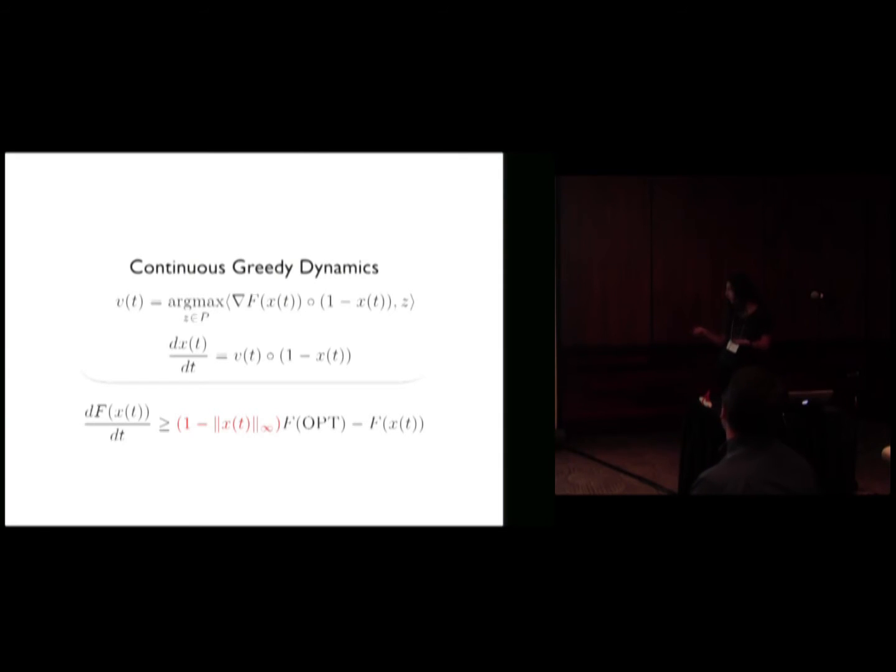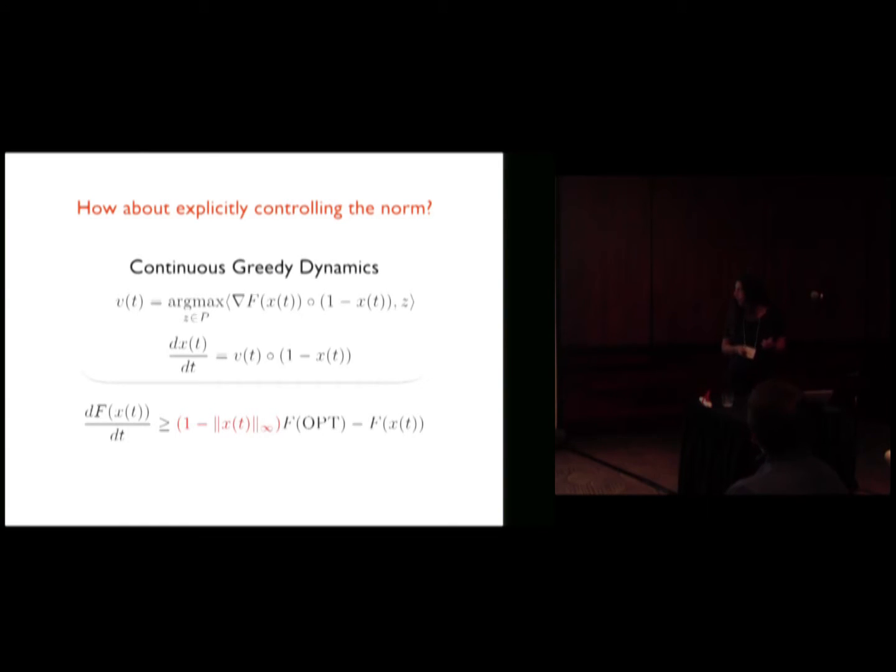So if our solution doesn't have high norm, then we get a much bigger gain. So this naturally suggests the following very simple idea. How about we just explicitly try to control the norm beyond what the continuous greedy is already doing?